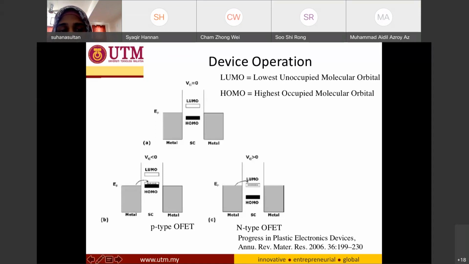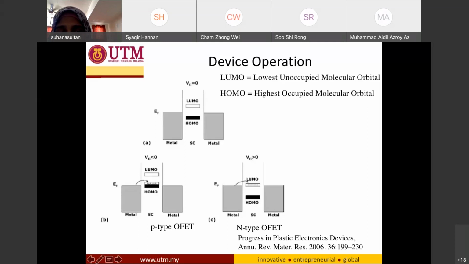Basically, you are inducing positive carriers at the channel. This is the channel, right? So when the Fermi level of the source drain metal is close to the HOMO level, the holes can be injected from or to the metal, and a P-type organic field effect transistor is realized.